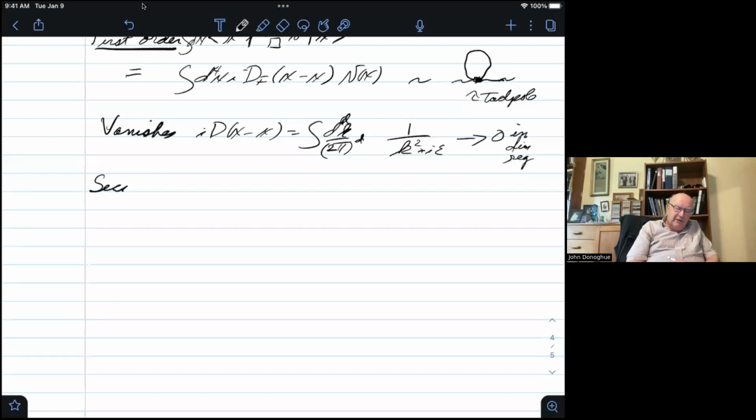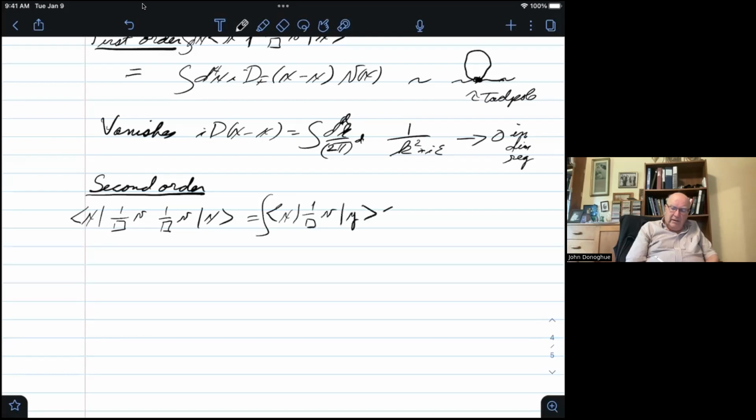Second order, we do get something. At second order, we have x, 1 over box V, 1 over box V, x, which if I put a complete set of states in there is x, 1 over box V, y, y, 1 over box V, x.